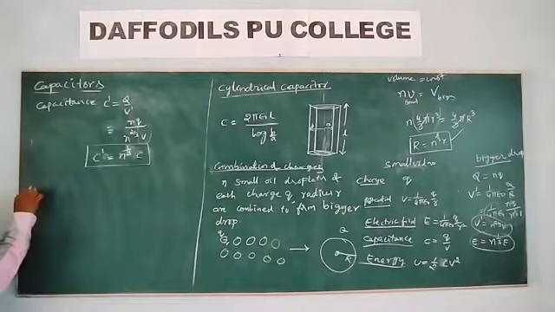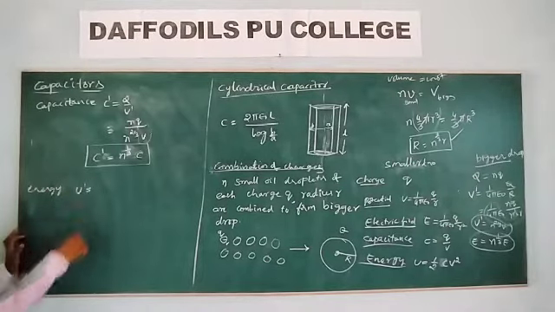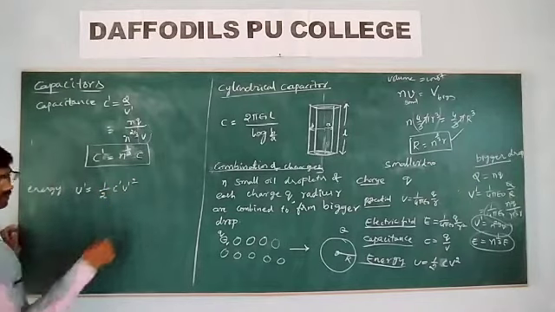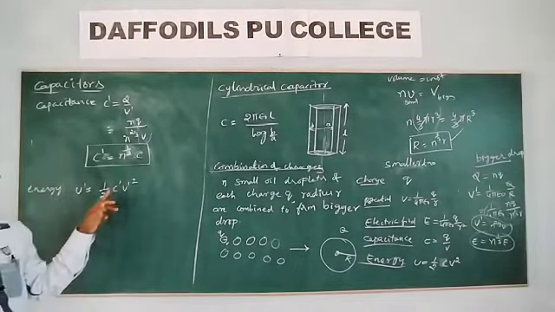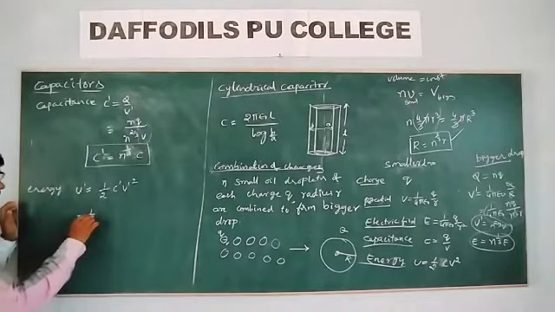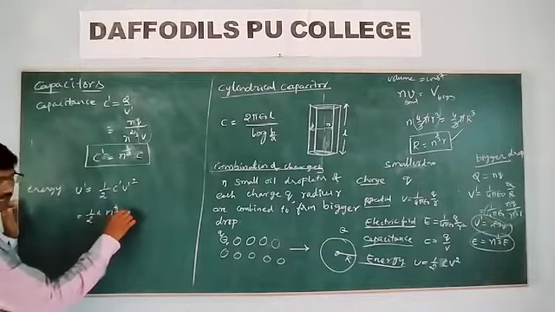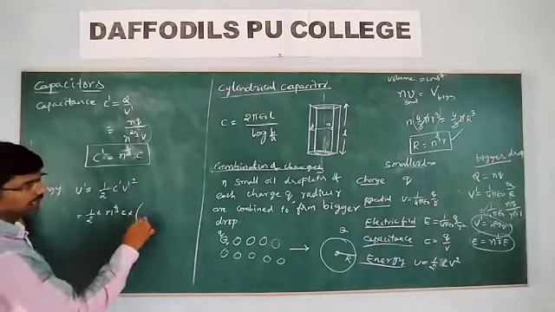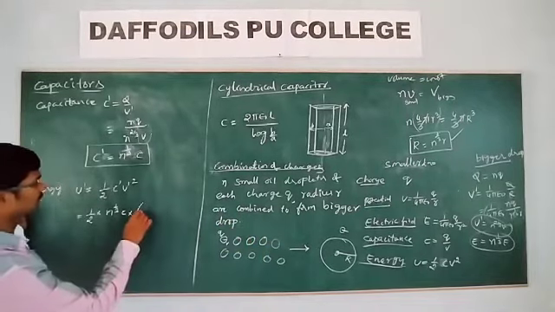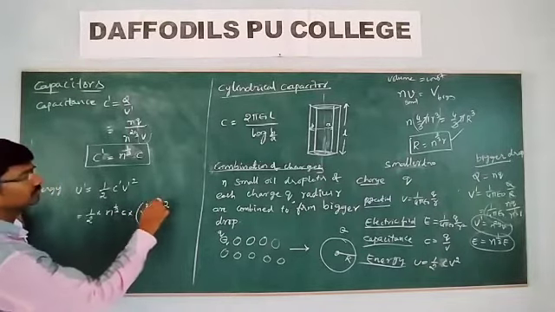Similarly, what is the energy? Energy U dash is half C dash V dash square: capacitance on the bigger drop, potential on the bigger drop squared. That is equal to half into N power 1 by 3 C into V dash, and V dash is nothing but N power 2 by 3 V, whole square.